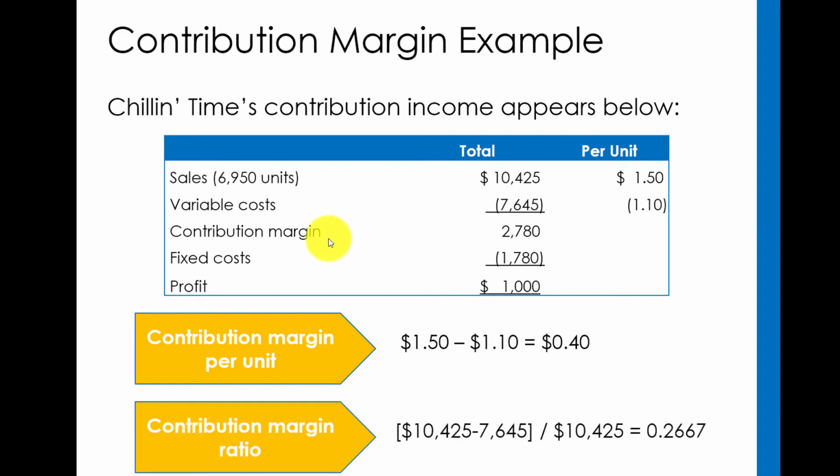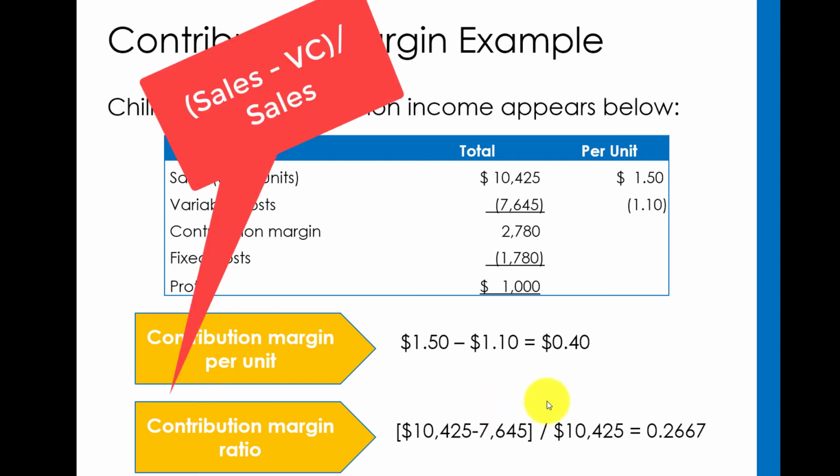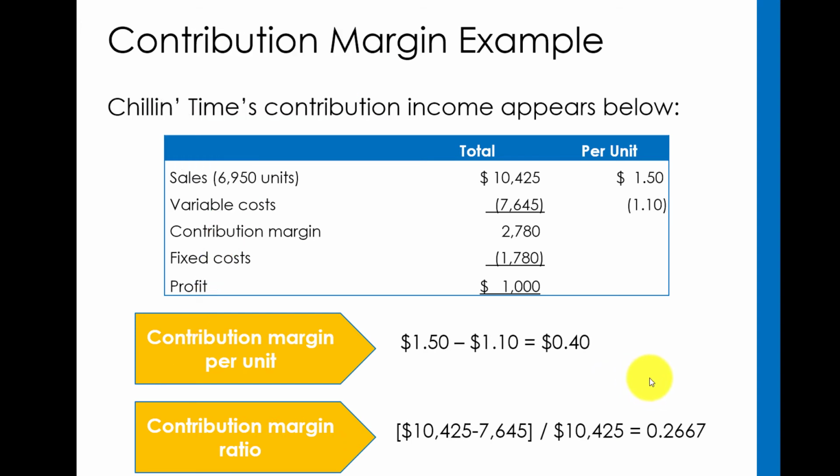And that can be computed by saying, alright, total sales minus total variable cost, aka my contribution margin, divided by total sales, 0.2667. So every time you sell $1 worth of goods, you pocket about 26 cents before fixed costs.